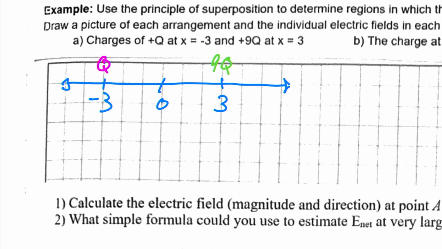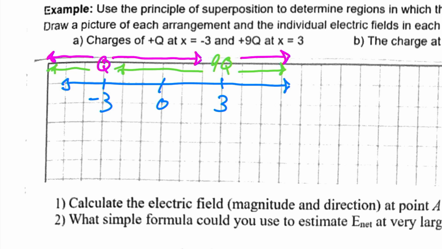We should think about the direction that the electric fields point. Electric fields point away from a positive. The electric field from 9Q is going to go that way, that way, and that way. And the electric field for Q is going to go that way, that way, and that way.